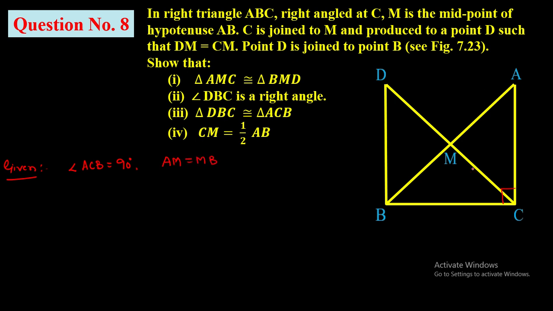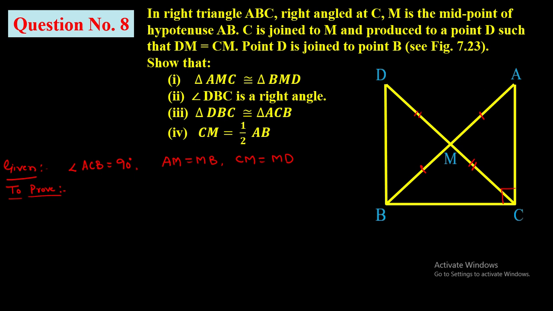And then C is joined to M and produced to D such that CM is equal to MD, and point D is joined to point B. Now we have to prove these four parts.